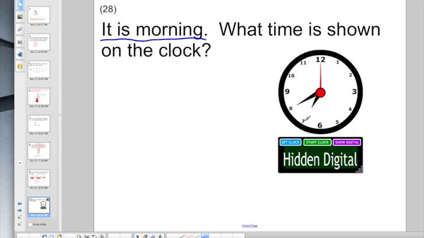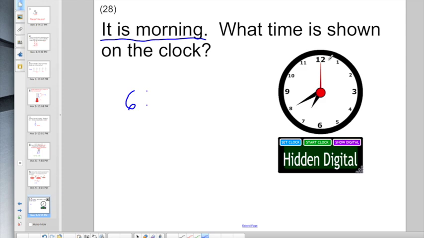So, is it 7 o'clock yet? Looks to me like it will be. But if it's going to be 7 o'clock in 20 minutes, is it 7 o'clock yet? No, it is not. It is still the hour of 6.